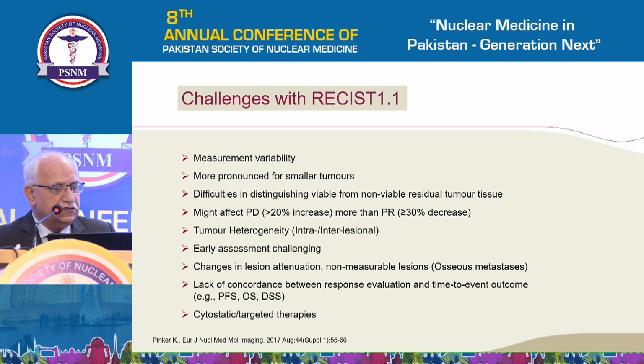However, RECIST has many challenges, and I'm not going to discuss all of them, but basically it fails to reveal the viability of the tissue. There are measurement variabilities, and it also lacks concordance between the response evaluation and the time-to-event outcomes, like progression-free survival, overall survival and disease-specific survival.